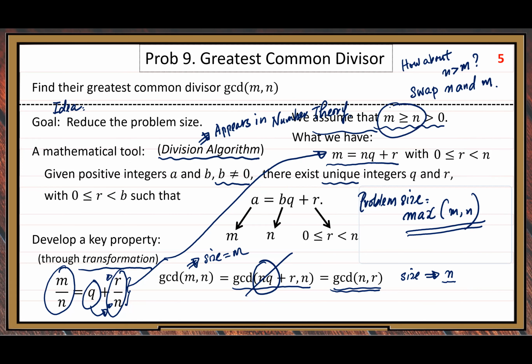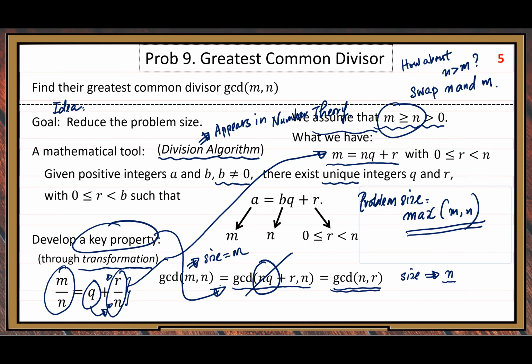So it is reduced, although there is an m equal to n case, but that won't happen frequently. Most of the time, m is greater than n. All right. So this is the key property. What is the key property? This is the key property: the problem size reduction formula.